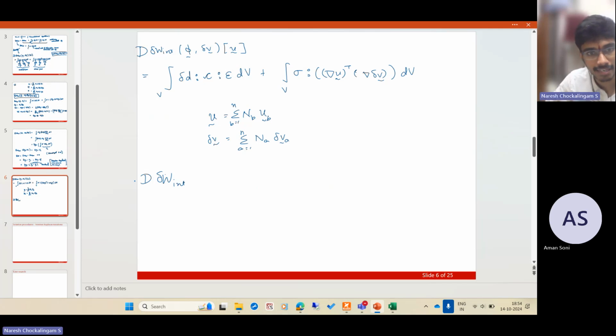So D is the linearization. This NA del VA is the discretization. So the discretized linearized virtual internal work takes this form. It is D del W internal at phi, with NA del VA in the direction NB UB, is this expression, right?